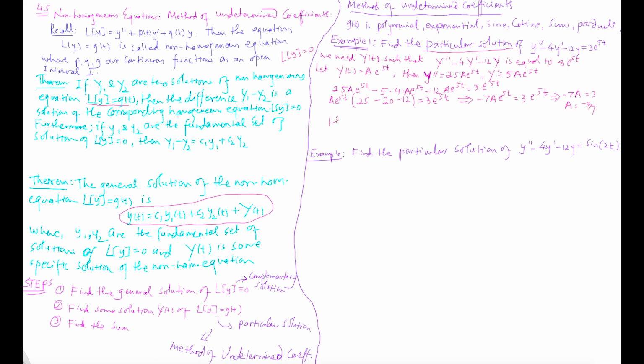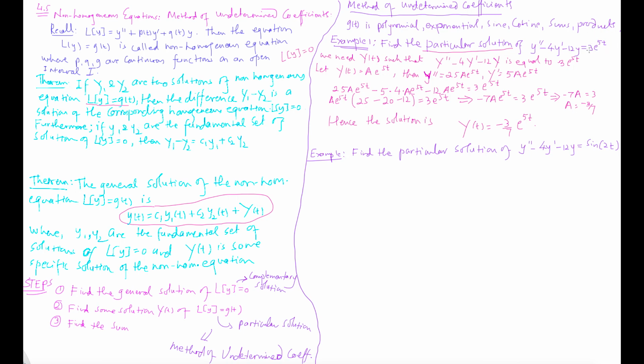Hence the solution is y(t) equals negative 3/7 e to the 5t. That is the solution. So the basic idea is that, depending on the right hand side, you assume some sort of function as a solution and then try to find the constant.